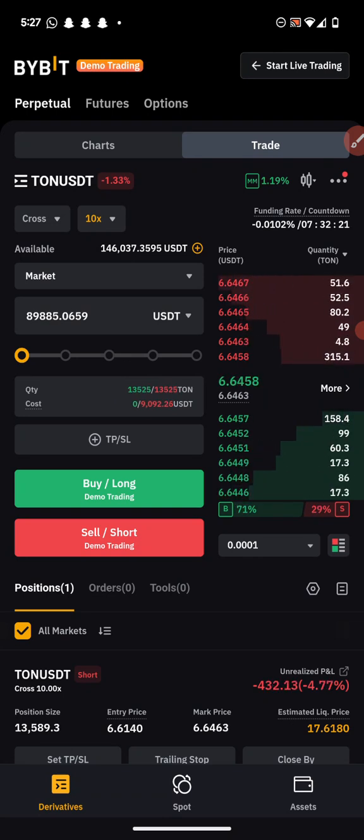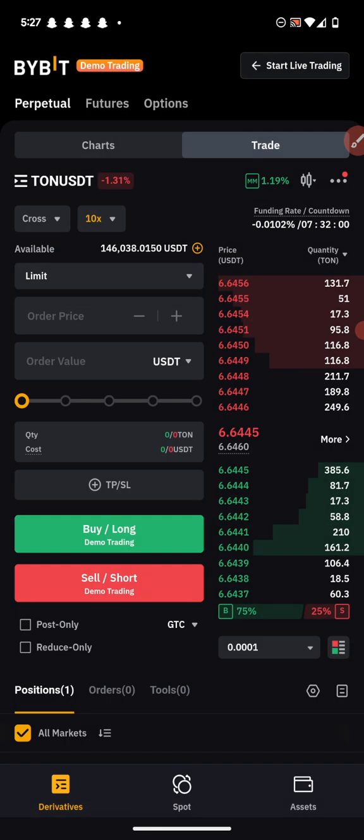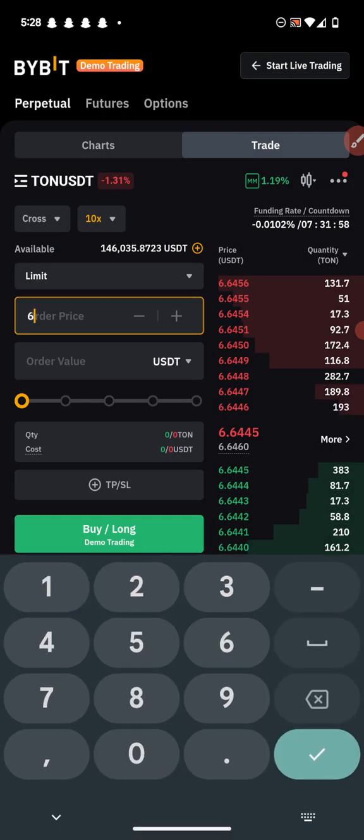So we want to buy TON and we feel like TON is still going to drop to maybe 6.5. Currently TON is at 6.6 and we feel like TON is going to drop to 6.5. Now we are going to change this market to limit, and then we put our price here at 6.5.